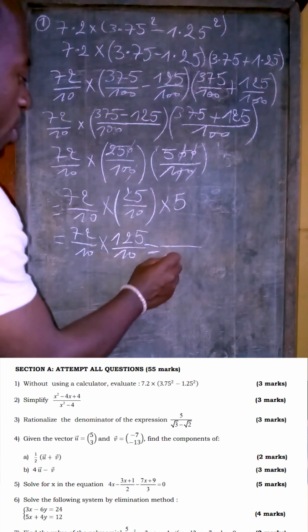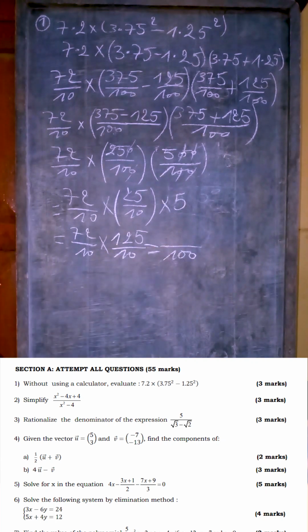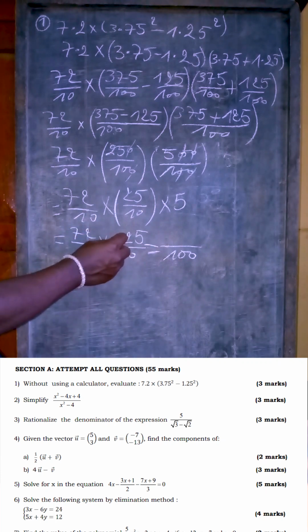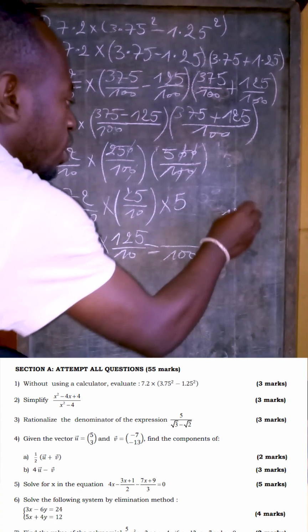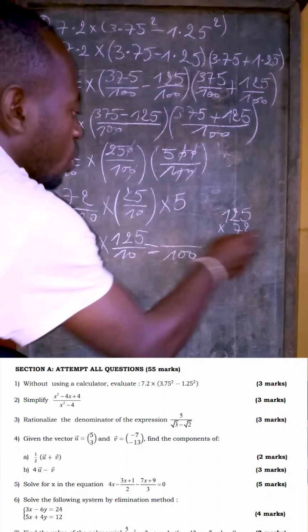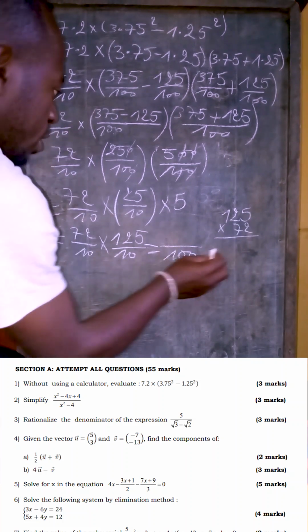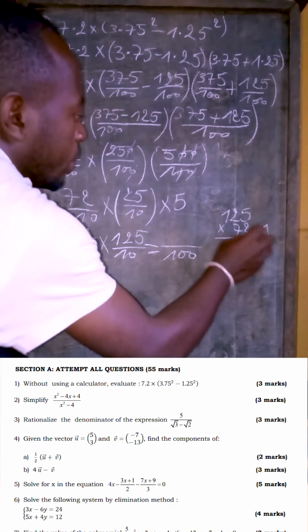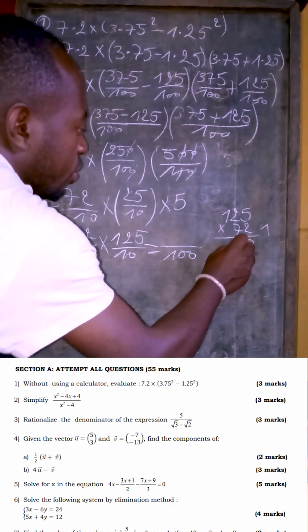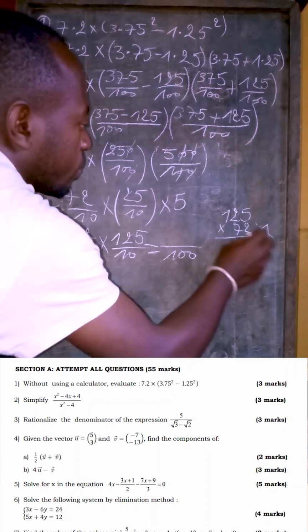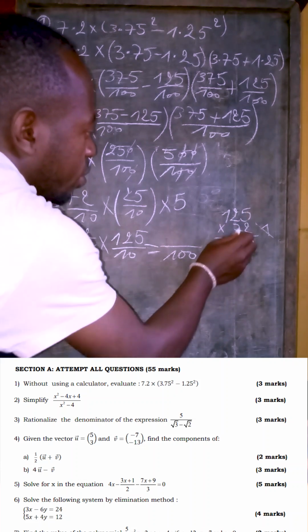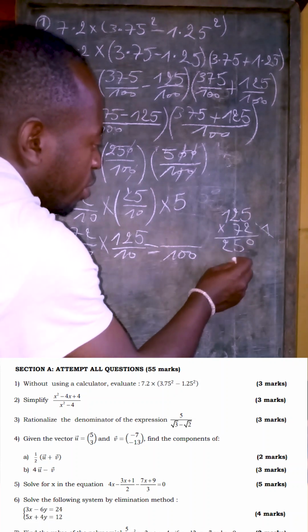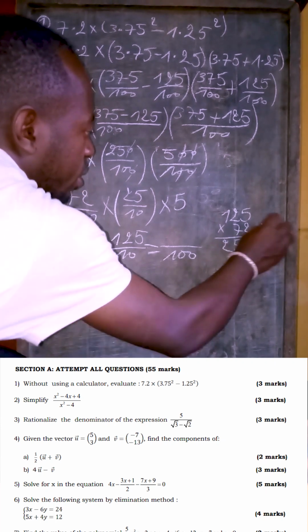The denominator will be 100, of course, and then we take 72 times 125. Let us do it here: 125 times 72. 2 times 5 is 10, we write 0 and carry 1. 2 times 1 is 2, and so on. Then 7 times 5 is equal to 35. We write 5 here, then 3 here.